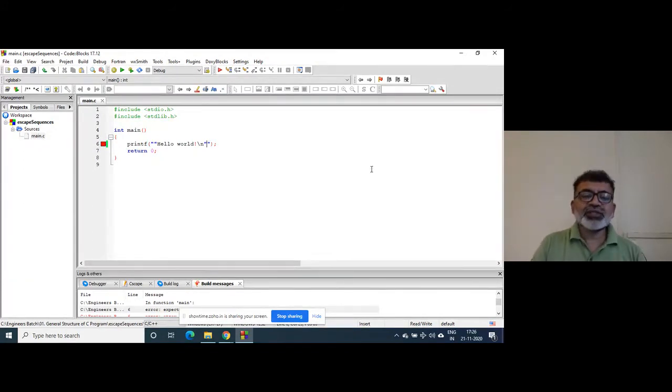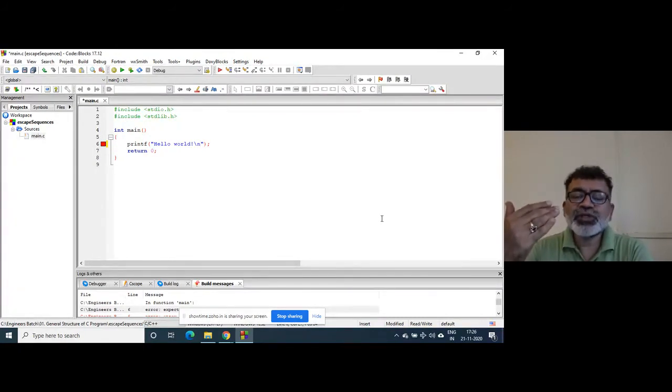Now the question is, we want that hello world to be printed inside a double quote. So you can use the escape sequence, because I explained the meaning of escape sequence when I talked about slash n. What did I tell you? Slash n is the escape sequence, which is a command to the compiler to escape from the normal meaning of the following character.